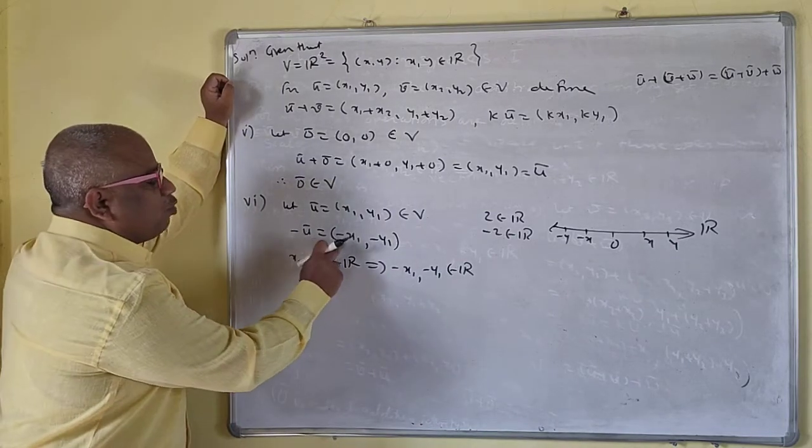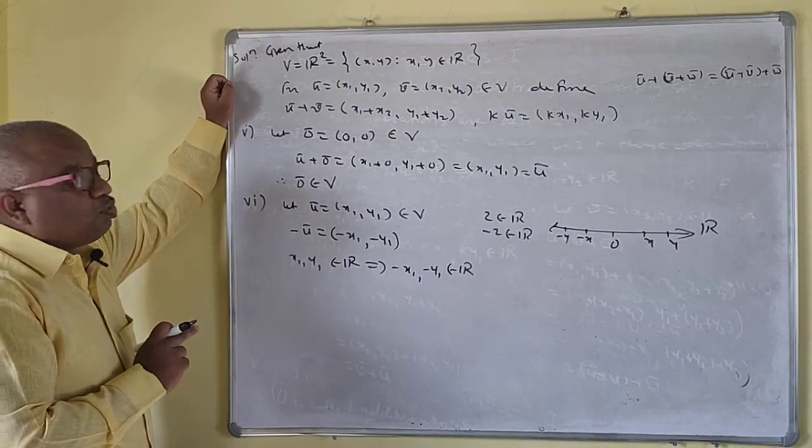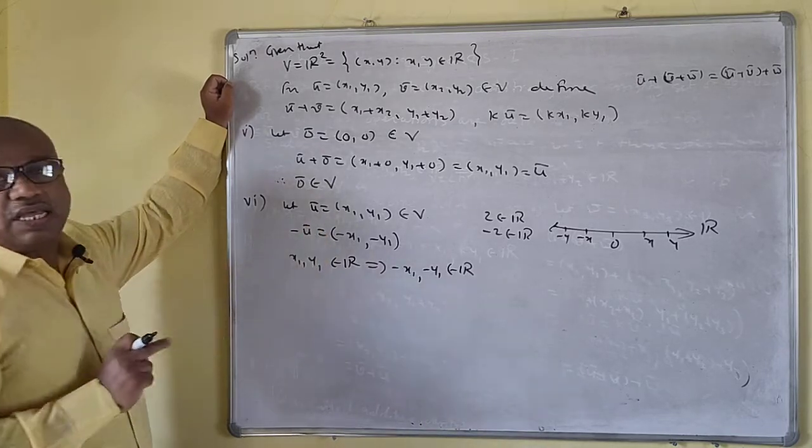Now minus u bar is two dimensional. There are two components and each component is a real number.